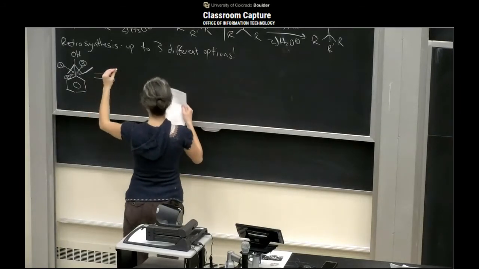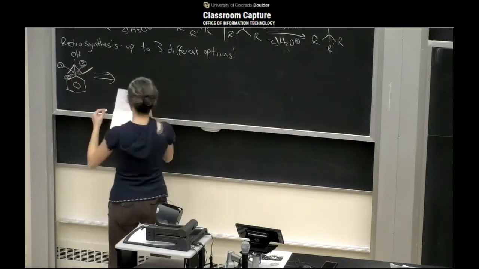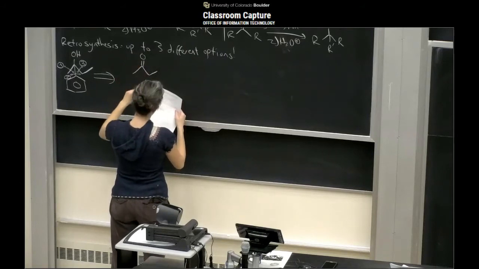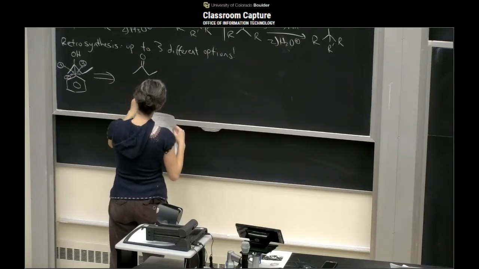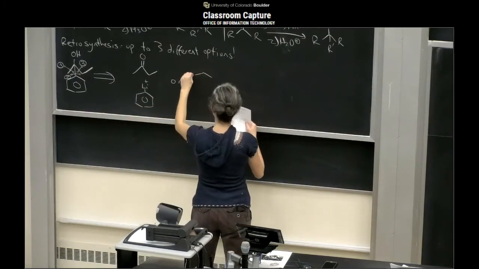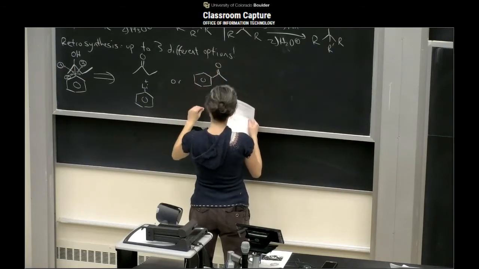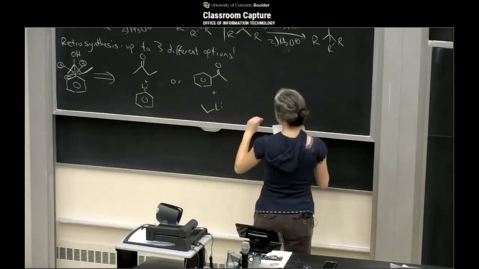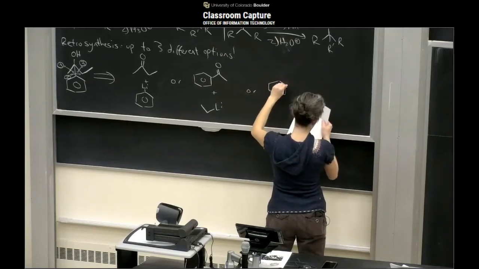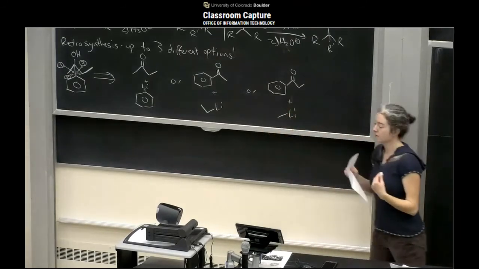I could come into this from basically this with any 2 R groups on there, and then the third comes in as an organometallic. So I could do this and this, or this and this, or this and this.